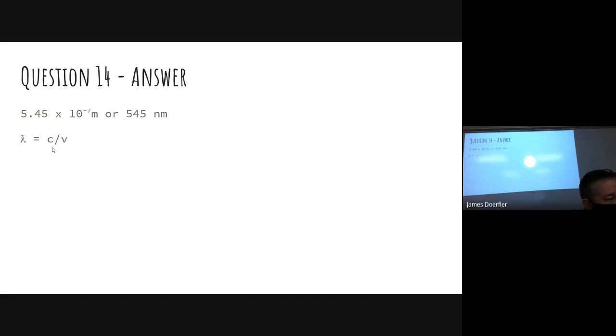You're going to rearrange it to solve for wavelength, and you do that by taking the speed of light divided by the frequency. Just plug it into your calculator, and you'll get this number. Either of these answers is correct: 5.45 times 10 to the negative 7th meters, or 545 nanometers. If you feel comfortable enough to put it into metric values, by all means, but either one of these formats would be acceptable.